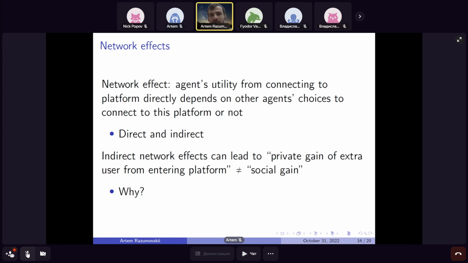But would Fyodor like to join the market? No. Yeah, probably if he already has a girlfriend, he doesn't need to join the market.